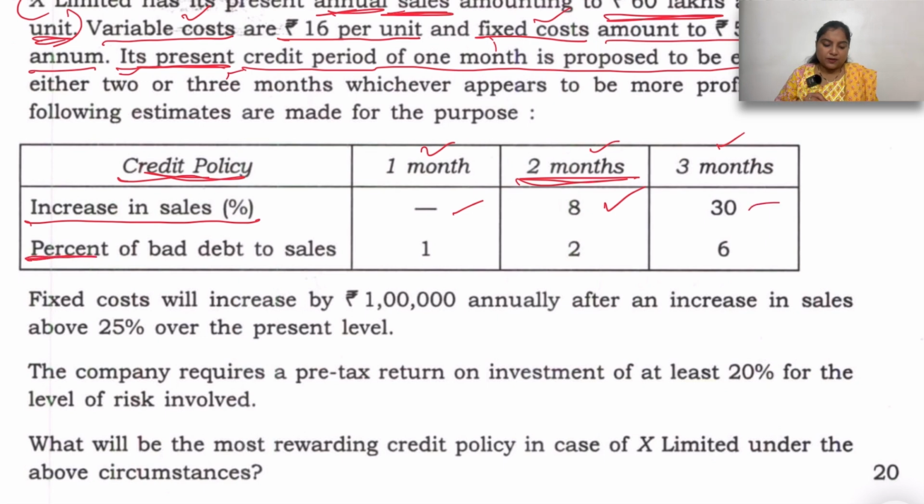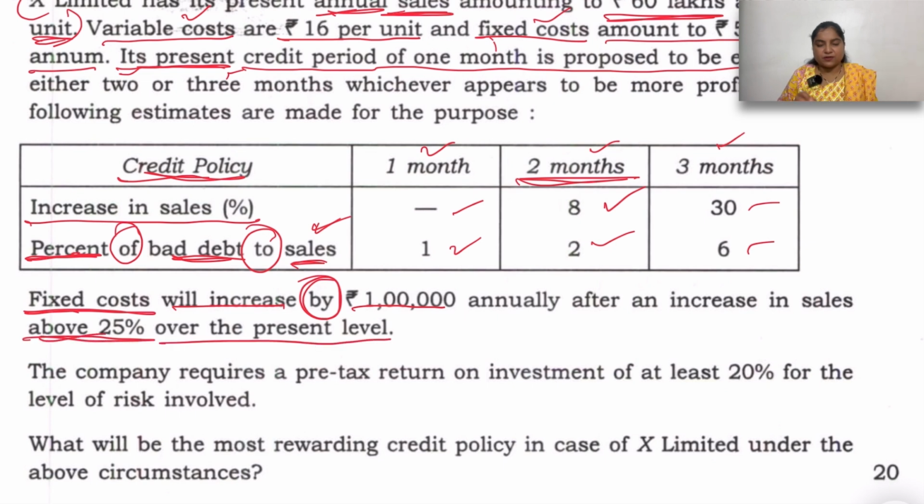Percent of bad debt to sales is already given. You are not doing anything new here. So these are the percentages given, which you are going to compute on the sales itself. Agree? Fixed cost will increase by rupees 1 lakh annually after an increase in sales above 25% over the present level.